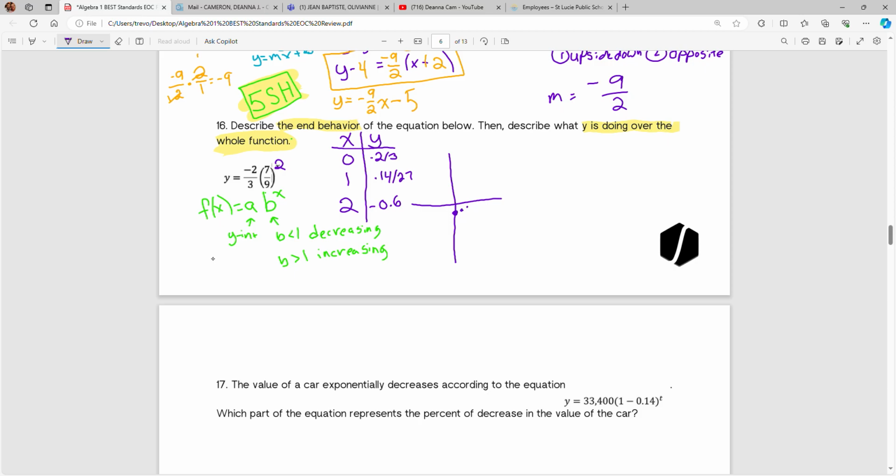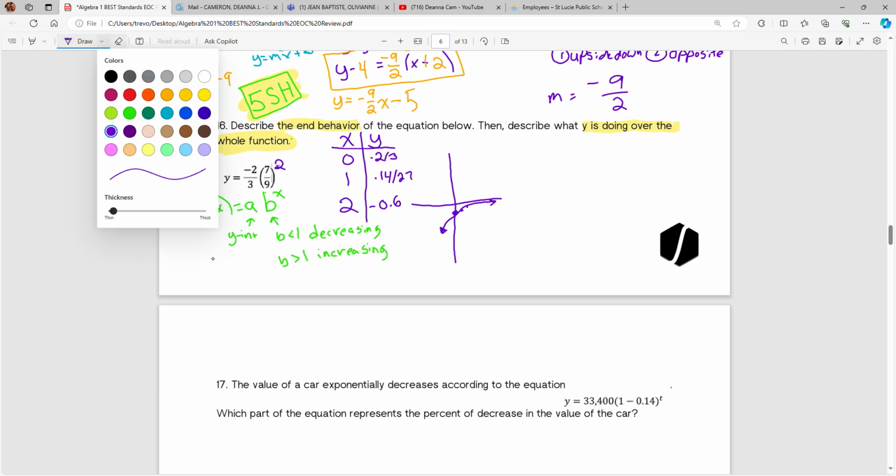If we were to graph this, we're going to get something like this. Too bad we're not allowed to use a graphing calculator like we are on SAT and ACT, but without a graphing calculator, you got to kind of plug in to see what's going on. Or at least I do. I don't know, maybe you know a faster way to do this, but for me, this is what I do.